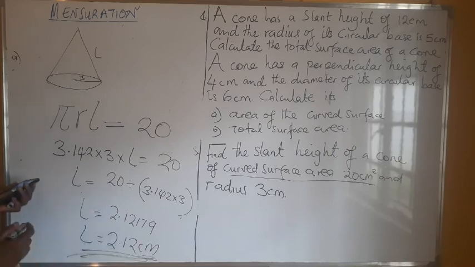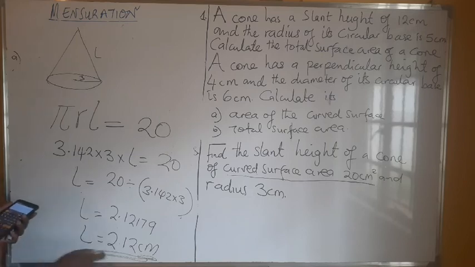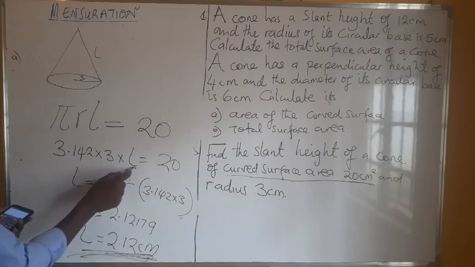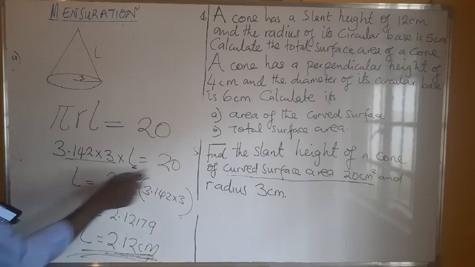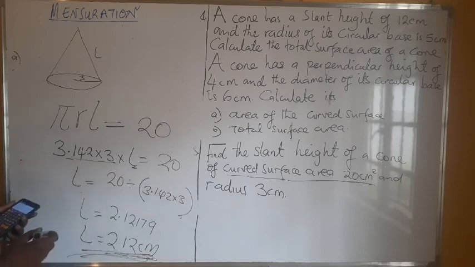If you want, you can put this back and multiply by 3.142 multiplied by 3 and see if you are going to get 20.